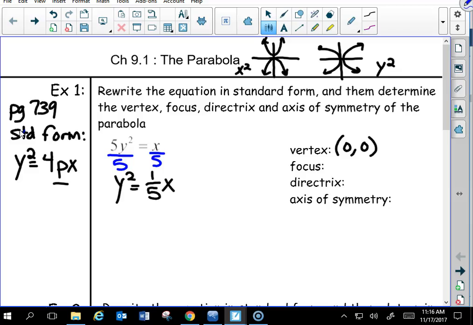So what we need to do first is solve for p. Once we solve for y squared, we take whatever number is in front of x, set it equal to 4p, and then solve for p.